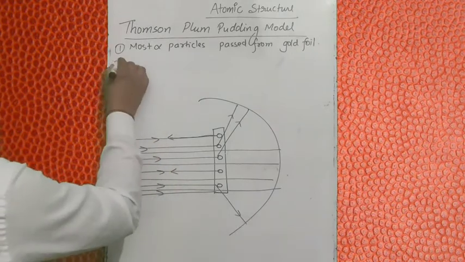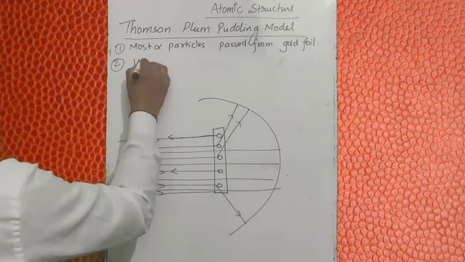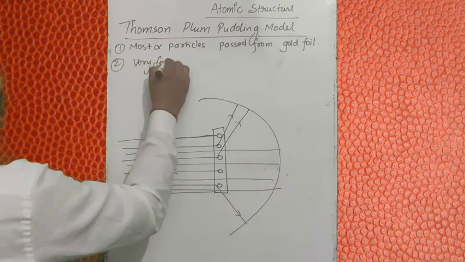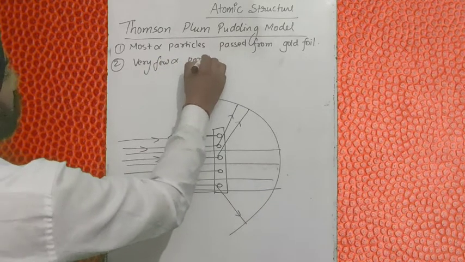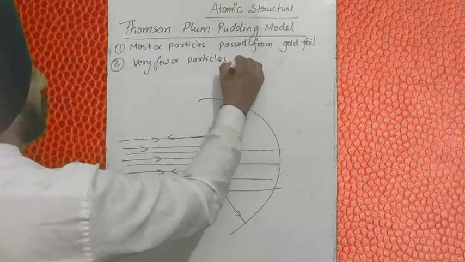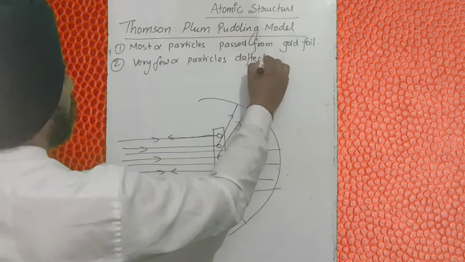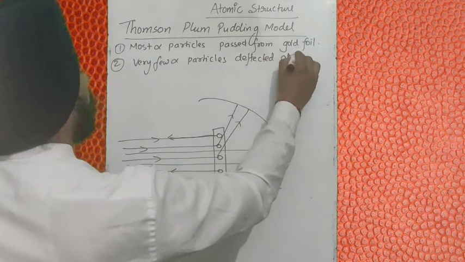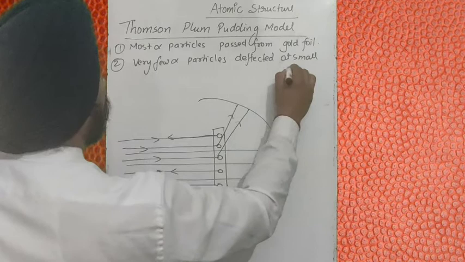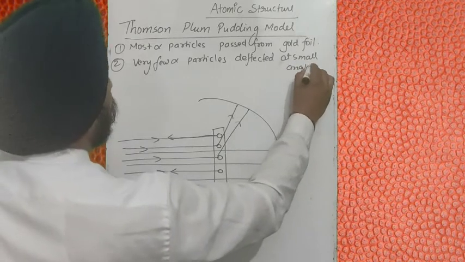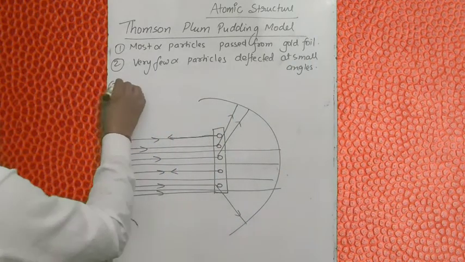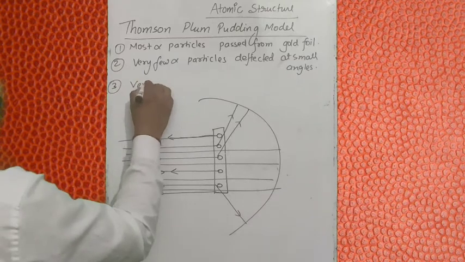Second, very few alpha particles deflected at small angles. And the third observation was very few.